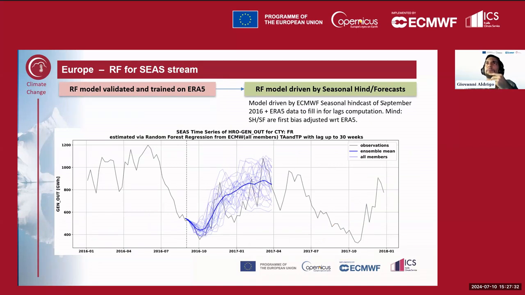So in this case, the model is driven, in this example, by the ECMWF seasonal hindcast for September 2016. But we are also using some reanalysis data in order to be able to compute the lags for temperature and precipitation, in order to have data prior to the initialization date of the forecast.